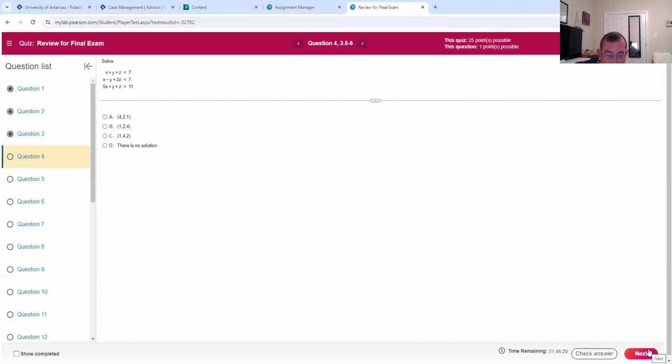All right, y'all, so this one wants us to solve. So I'm going to solve this on my calculator using my matrix, okay? So y'all, let me write this down. This is number 4. X plus y plus z equals 7.